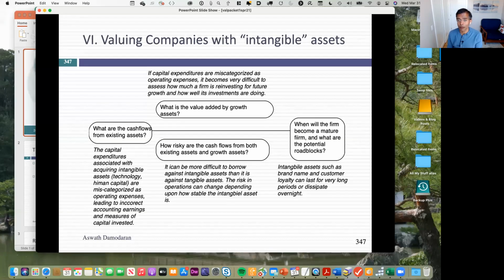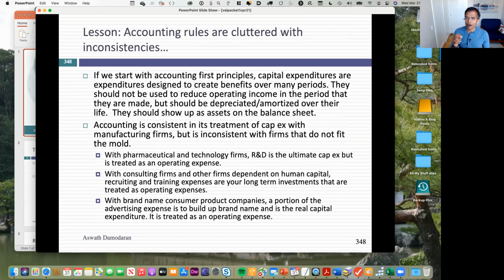So if you're a software company, what are my cash flows? If I don't capitalize R&D, I give you the wrong answer. When I ask you, what's the value of future growth? If I don't capitalize R&D, I'm going to give you the wrong answer. So let's talk a little bit about the accounting rules, why they create inconsistencies, and what happens when you clean up after accountants.